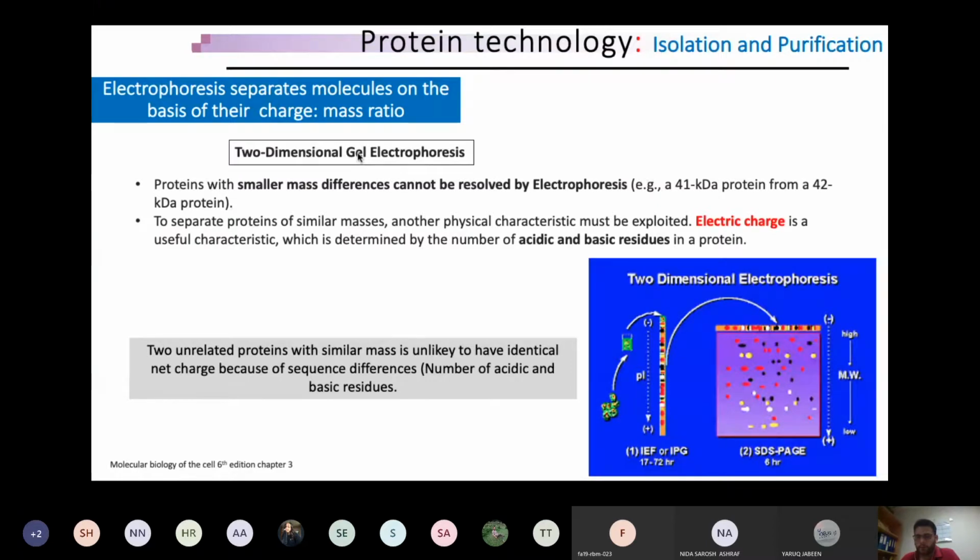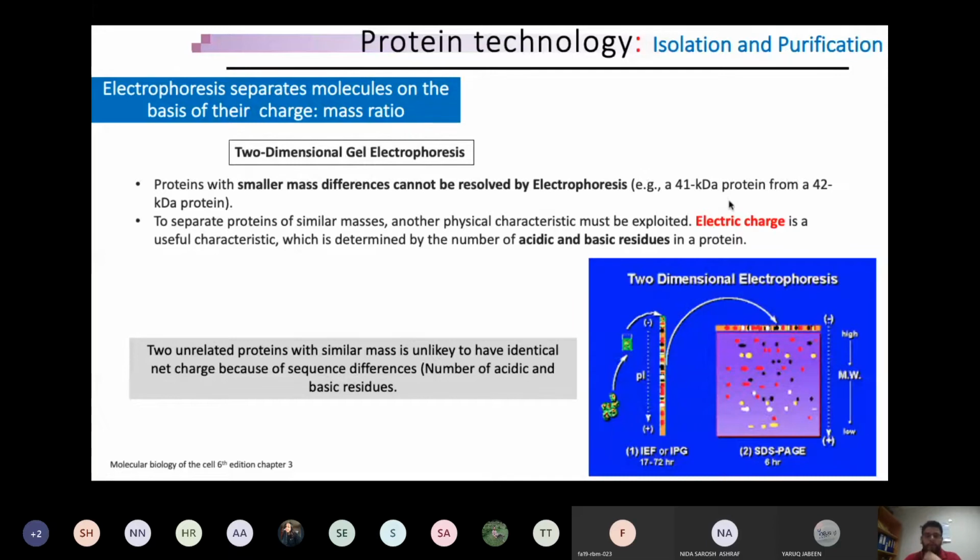I would like you to pay special attention to what we are going to see in this technique. It is so powerful that you can even separate proteins which differ in molecular size by 1 kilodalton. For example, a protein of 41 kilodalton could be separated from a protein of 42 kilodalton. This is a very, very powerful tool, so small differences can be separated through this technique.